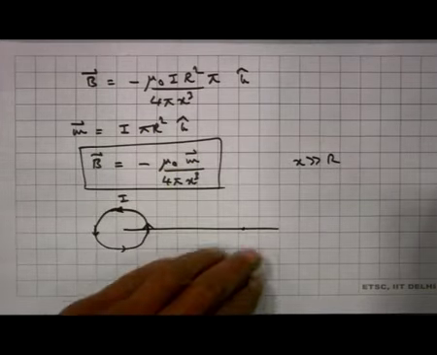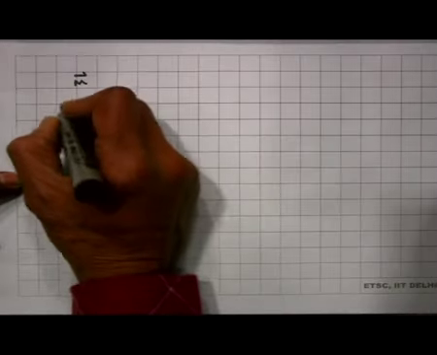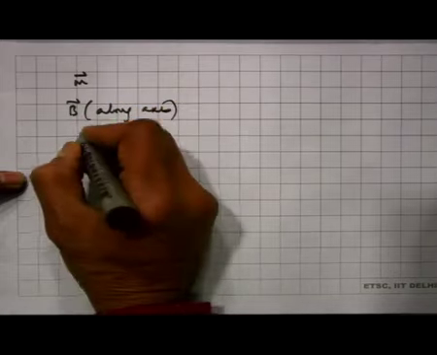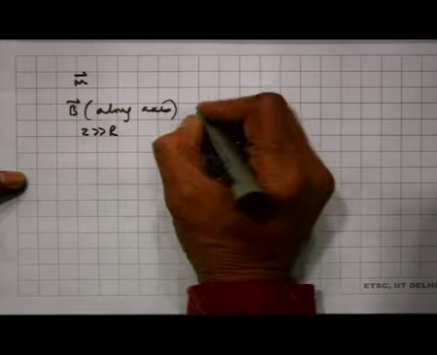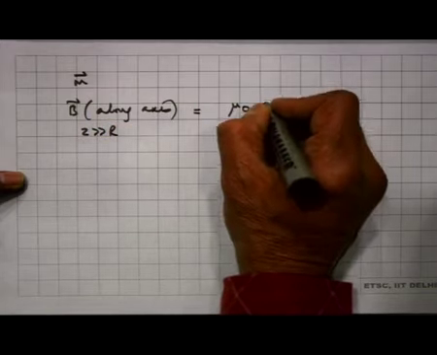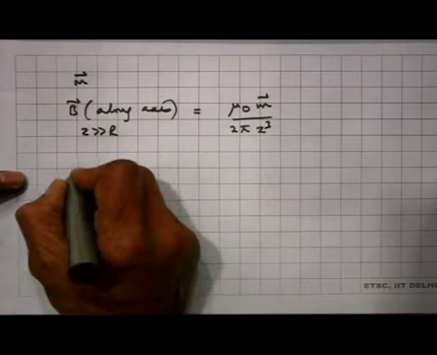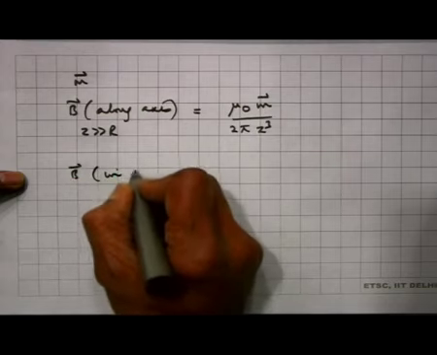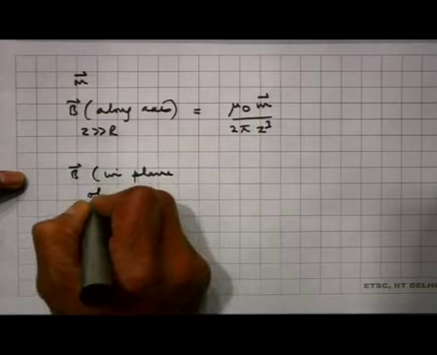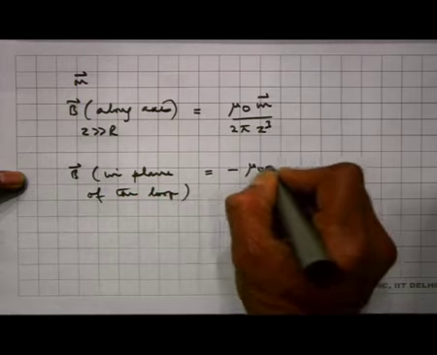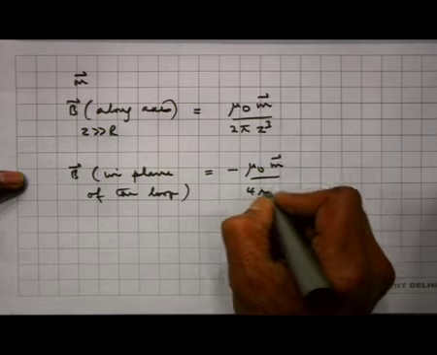So, we have got expressions for the dipole moment of a circular coil. Let me recall here. If I have a magnetic dipole moment m, so B along the axis for z much greater than r is equal to mu naught m by 2 pi z cube, and B in the plane is minus mu naught m by 4 pi.